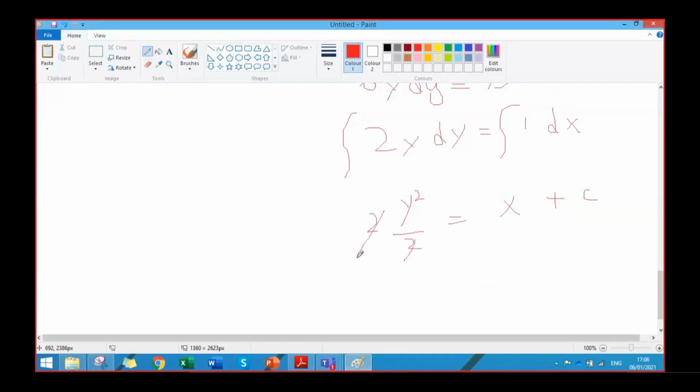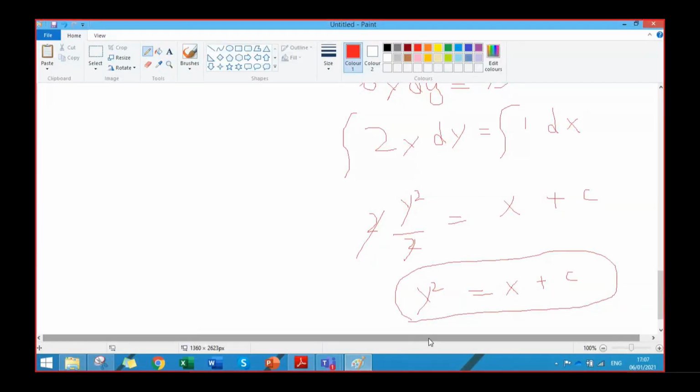So y square equals x plus c. Clear? This is the equation for the streamline. If we know this equation, we can draw streamlines for the flow, having the velocity field as 6y feet per second and 3 feet per second. Is it clear?